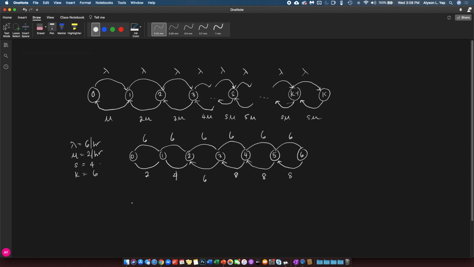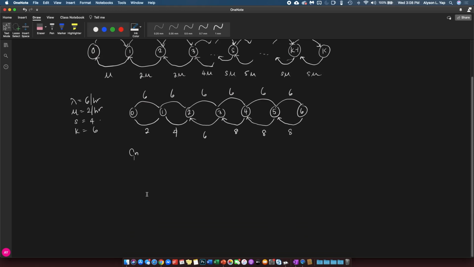Now, from here, the very first thing we need to do is to get our C sub n. Our C sub n cannot be written in a generic formula, so I will list down every C sub n. C sub 0 is equal to 1. C sub 1 is equal to 6 over 2, so that's 3. C sub 2 is 6 over 2 times 6 over 4, so that's 3 times 3 over 2, so that's 9 halves.